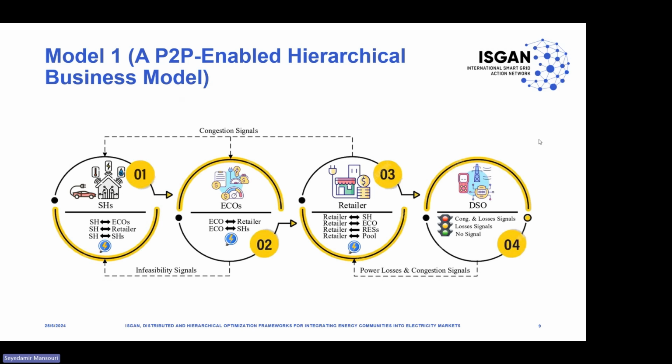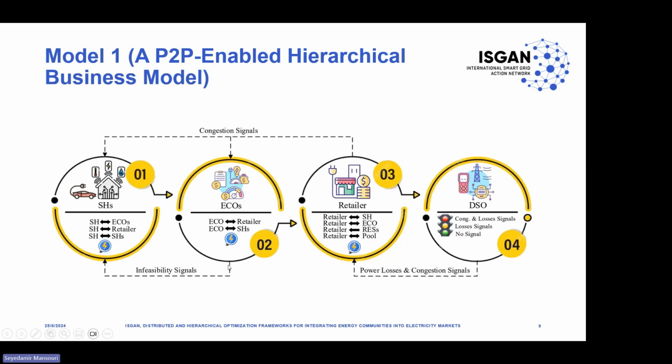And here I'm going to present another model, a P2P-enabled hierarchical business model. And we had a 4-level problem here. At the first level, we had community members, which are smart homes.